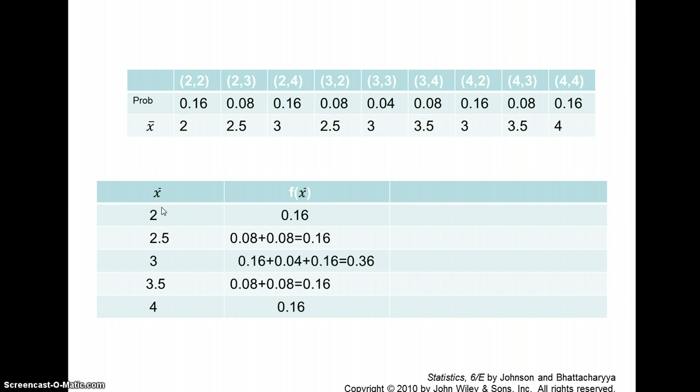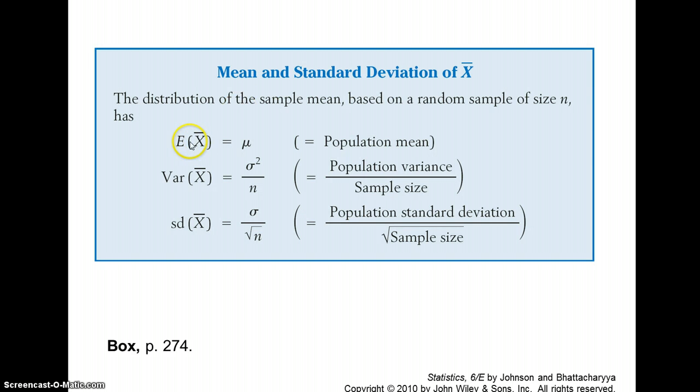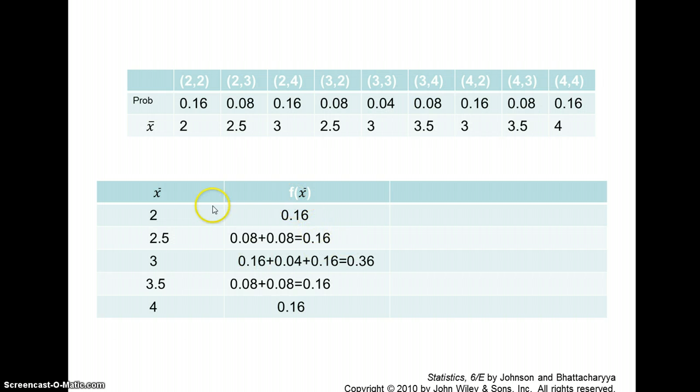But we also had formulas. We noticed that the expected value of x bar is also the same as the population mean. So instead of calculating the expected value for x bar, I can go back to the population distribution. This is the sampling distribution, and for its expected value we can use the old formula: add one more column, multiply the corresponding values, and add them up.